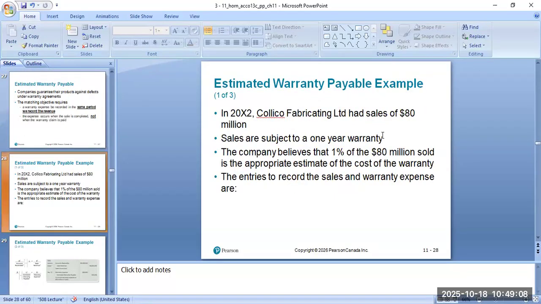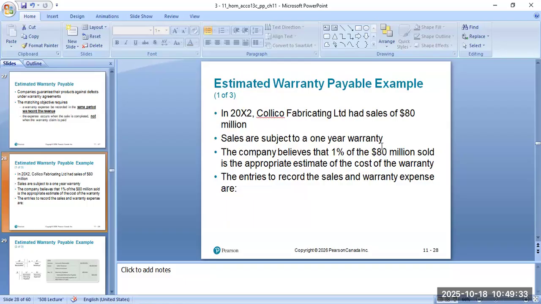So the example will be: this company has sales of $80 million. Sales are subject to a 1 year warranty. The company believes, so how can we come up with the estimates? Based on the belief of the company or based on the previous experience of the company from the previous years. If there are no previous years, then belief.